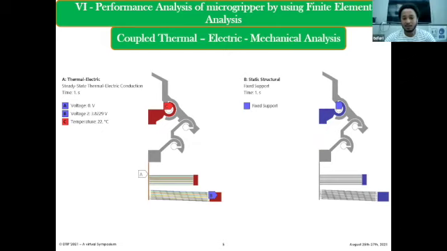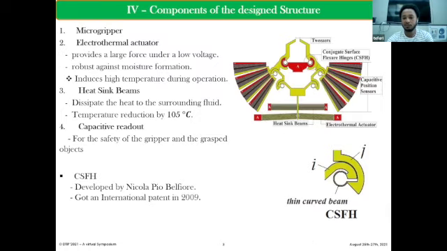Yeah, actually, as you see here, we have simulated only that part of the micro gripper to save the simulation time. If you see the overall structure, it is kind of symmetrical. So to save the simulation time, I simulated only half of the micro gripper.